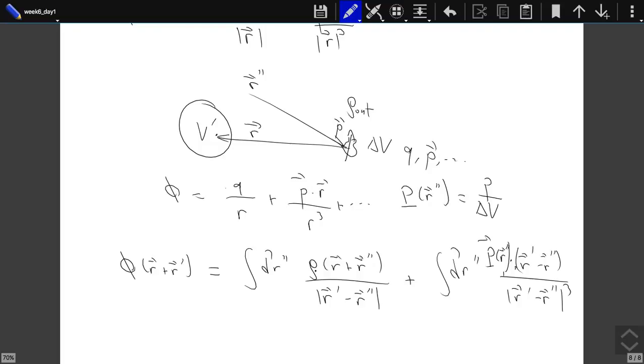That was also one of the reasons why we separated the regions outside and inside. Now here, in this formulation, our center or origin is at r plus r prime. The center of V prime is at R. We are looking at the potential at the point R plus R prime.